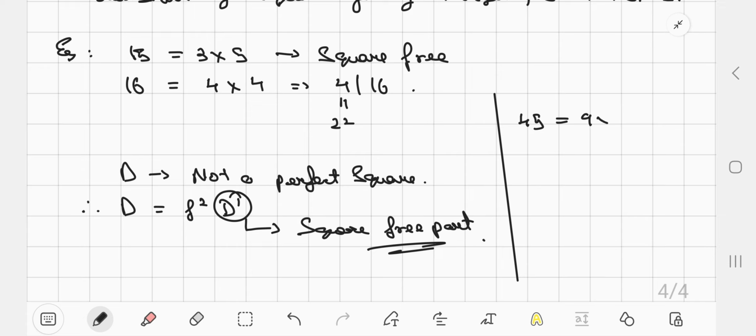We can write it as 9 times 5, or 3 squared times 5. So I'm extracting out 3 outside and I'm only left with 5. So this is your D dash and this is your f square. I think now you got my point. Okay, clear?